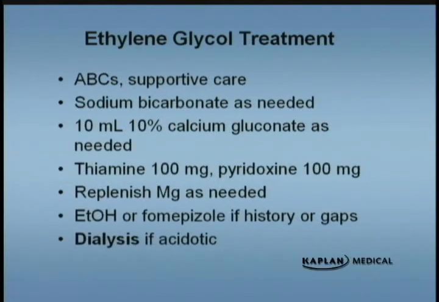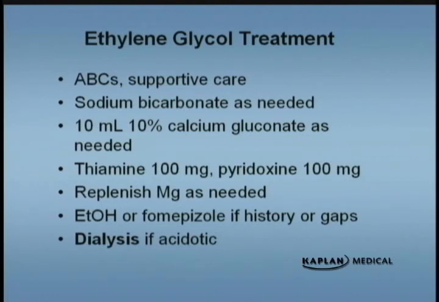Remember our principles of treatment? It's ABCs, supportive care, right? So if this patient is severely acidotic, you would give bicarb. If this patient is severely hypocalcemic, you would give IV calcium. Thiamine and pyridoxine help remove and metabolize ethylene glycol.